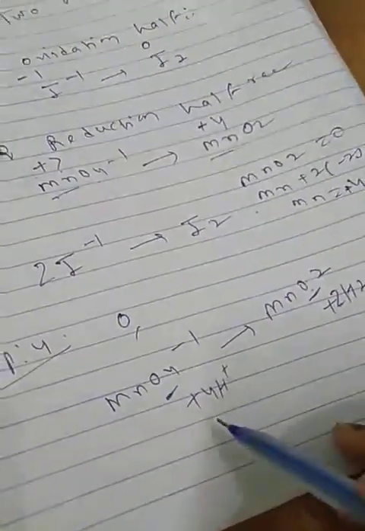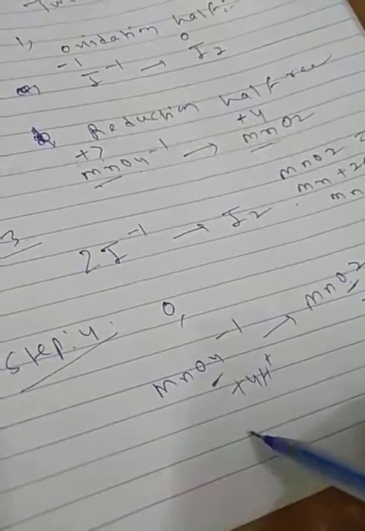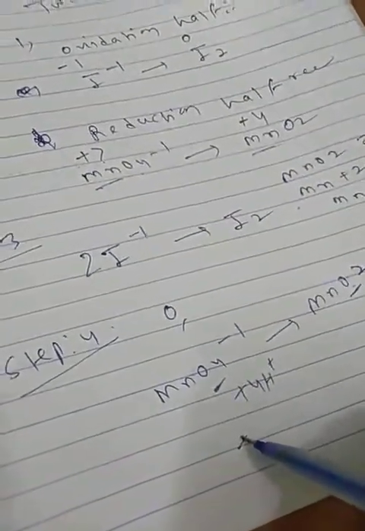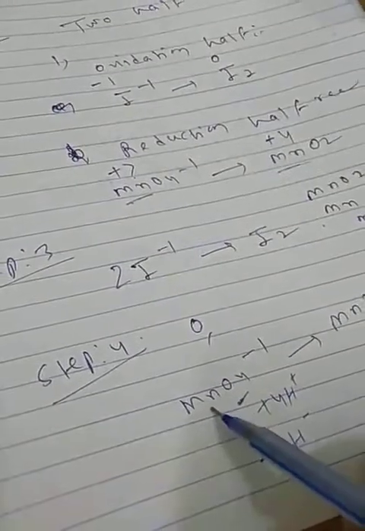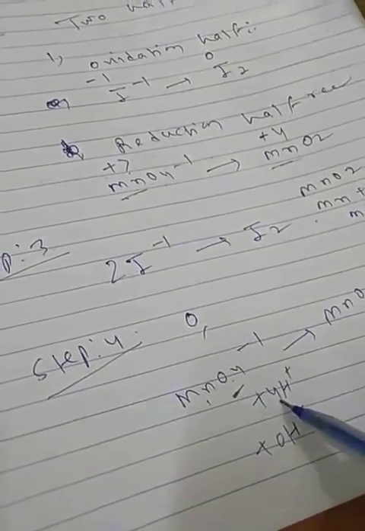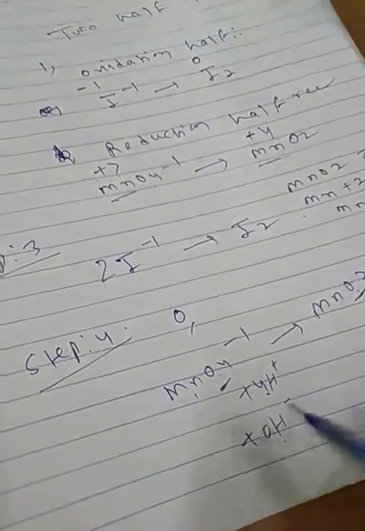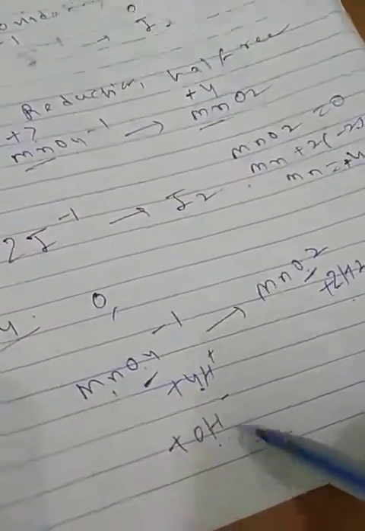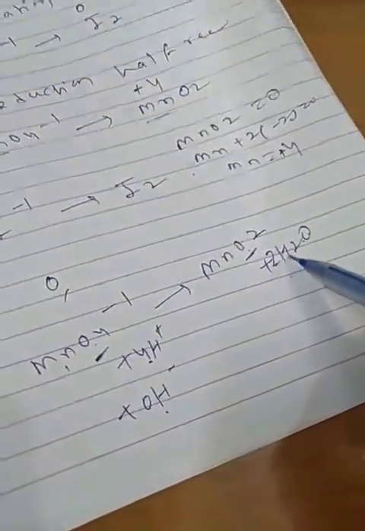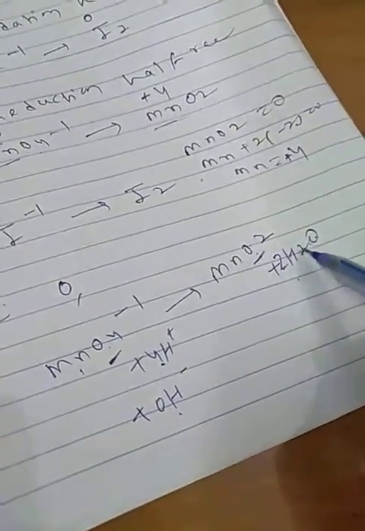But this reaction occurs in the basic medium, so we add OH ions to this side. So MnO4 minus 1 plus 4 H ions plus OH ions. We balance the OH ions too. Again we see 2 H ions, 4 for 2 and 2.